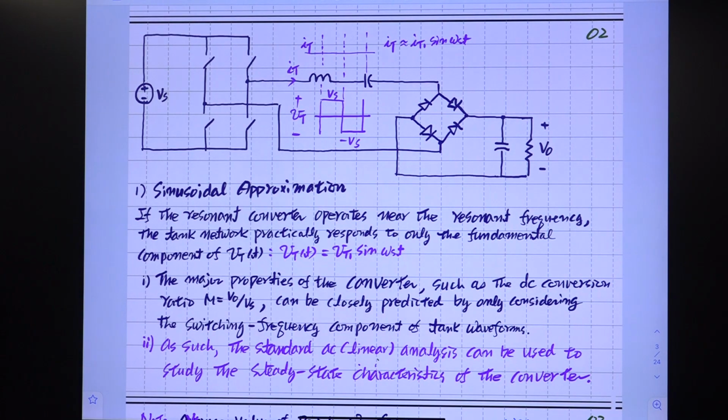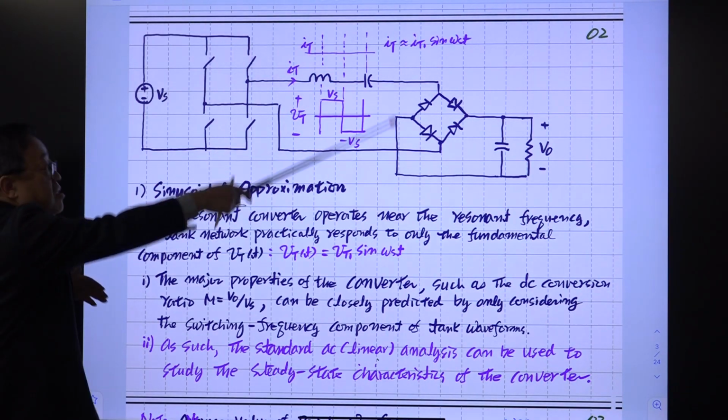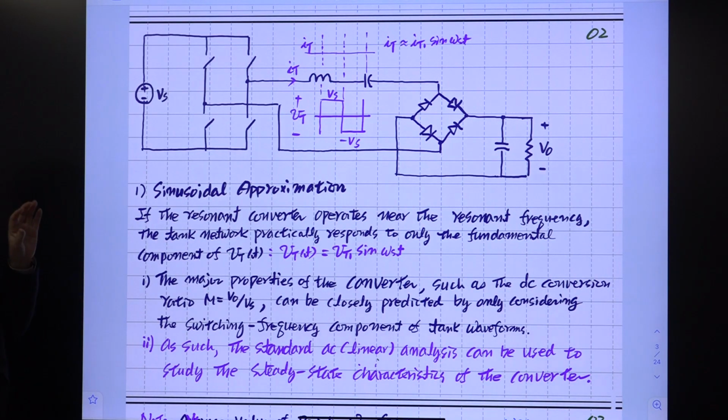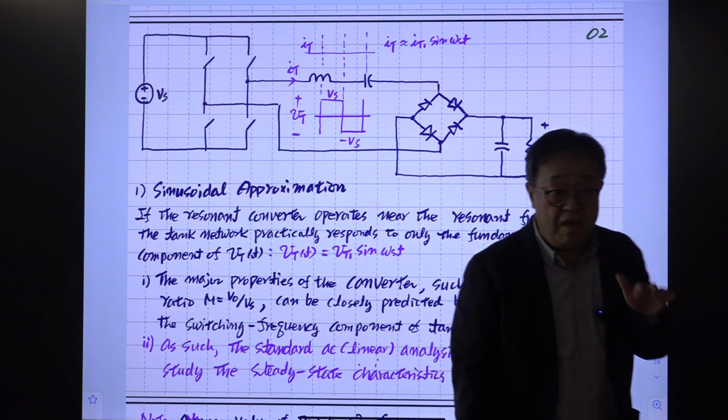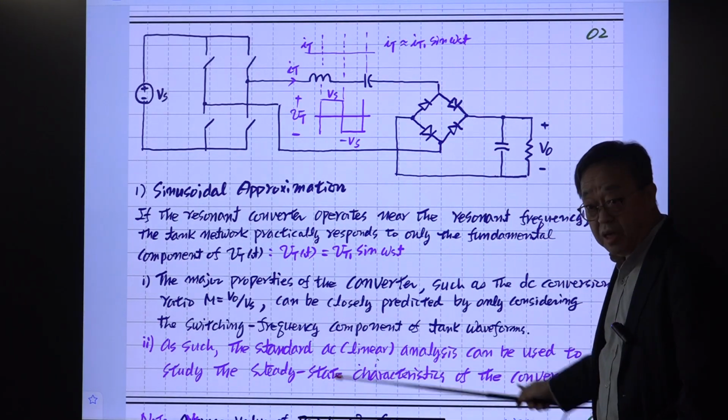So this analysis is called sinusoidal analysis or sinusoidal approximation. This is just the approximation. We are replacing this whole thing with this tank circuit excited at the resonant frequency. Many people call it fundamental harmonic approximation or fundamental harmonic analysis. They are all the same things, and this is the technique they are using all the time.